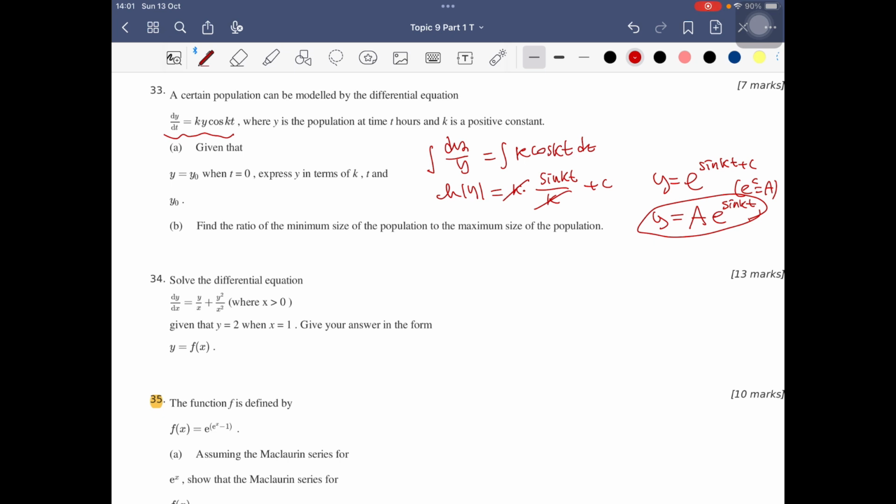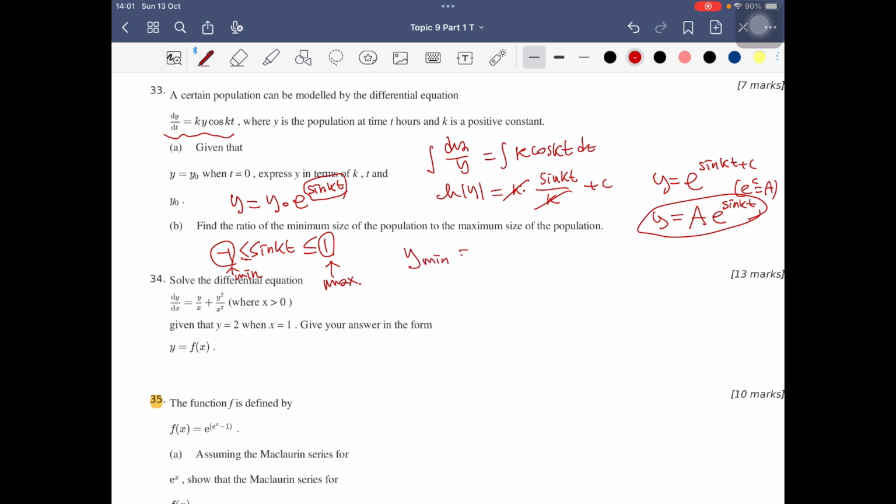So now when t equals 0, y equals y0, which means a is y0. So y is y0 e to the sine kt. Now the ratio of the minimum size of the population to the maximum size of the population. Oh, okay. Because sine kt goes from negative 1 to 1, the maximum happens when sine kt is 1, and the minimum happens when sine kt is negative 1.